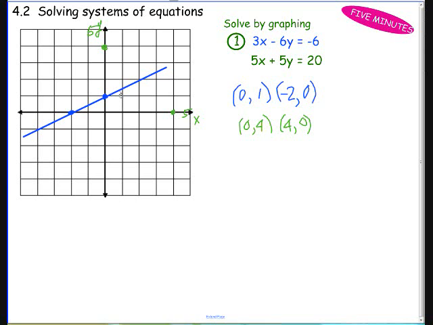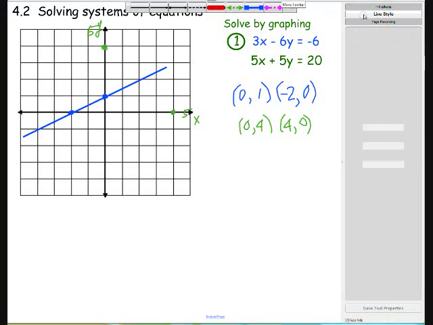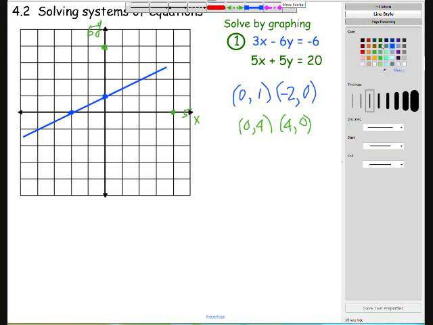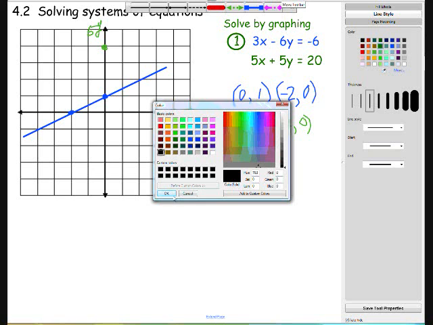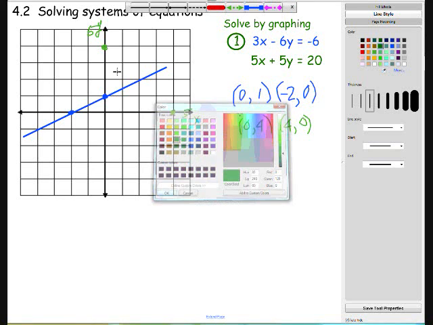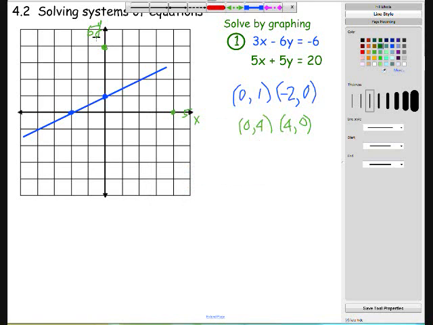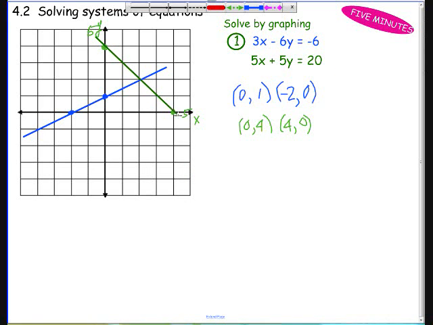Pretty good. And then we'll change the color on our line to green. And I'll try to draw that just where it should be. All right, actually looks pretty good.